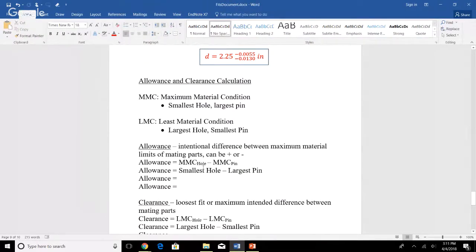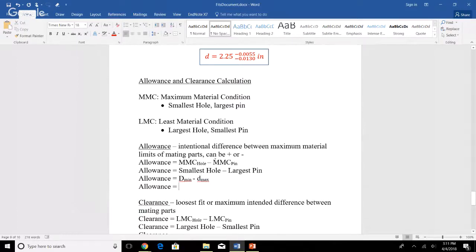So the smallest hole in this problem was our capital D, that would be our D minimum, minus the pin's maximum diameter. So I'll quickly make those smaller there.